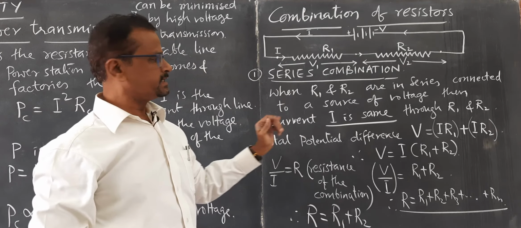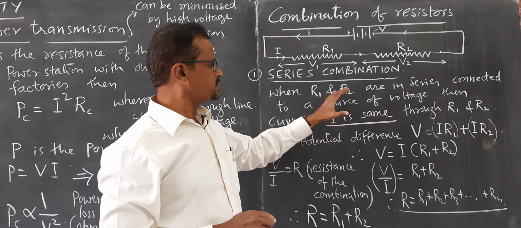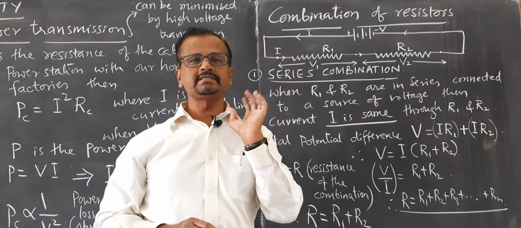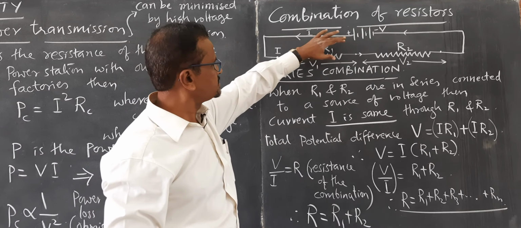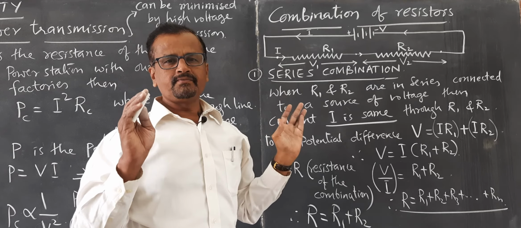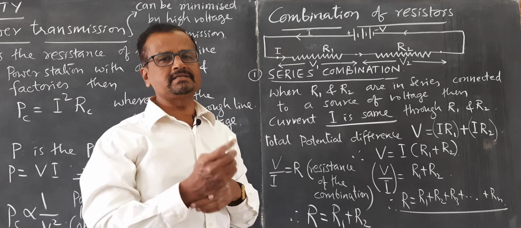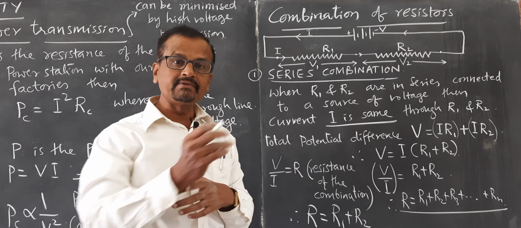So, when they are in series, the thing to be noted here is that the current that is passing through R1 and R2 is the same. What is the functioning of a battery? Battery is to pump the charges, that is, to drive the charges.